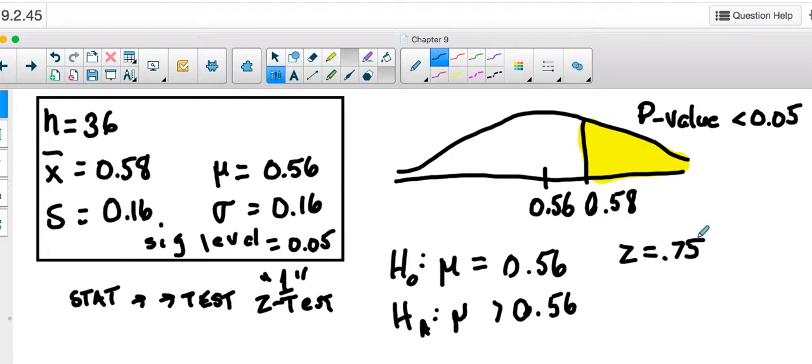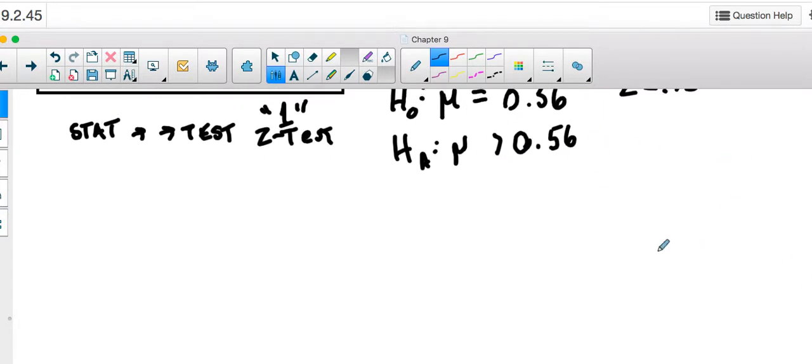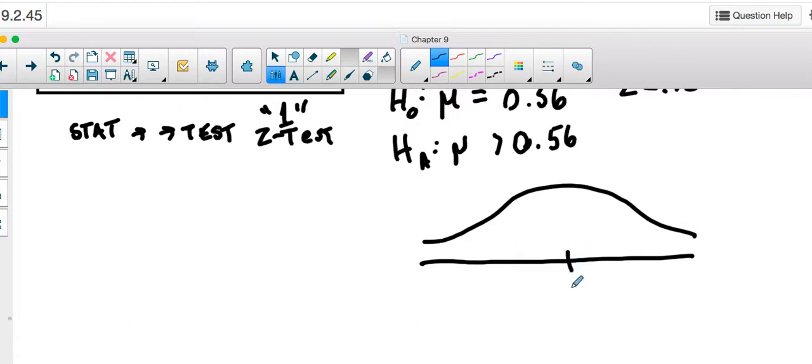Right away I can tell you that's inside of z being 1. If we redraw this situation and think about it in terms of z-scores, our value that we just found is right here. It's 0.75, which is well inside of what we would call things outside of 2 unusual.